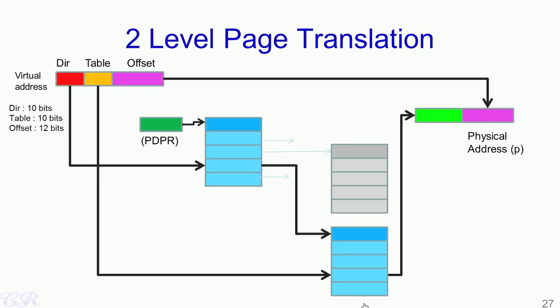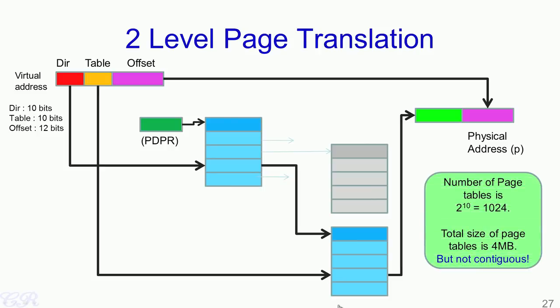So, how does this scheme actually help us? Now, what we see is that the number of page tables that can be present is 2 power 10 or 1024. And how do we get 1024? We have a 10 bit directory entry over here and 2 power 10 is 1024.